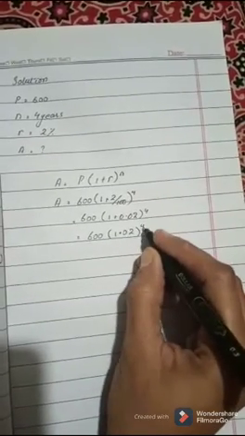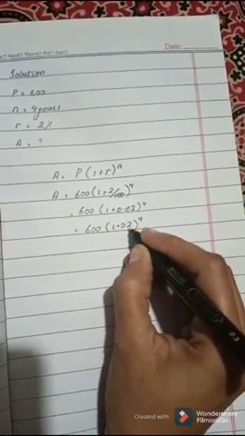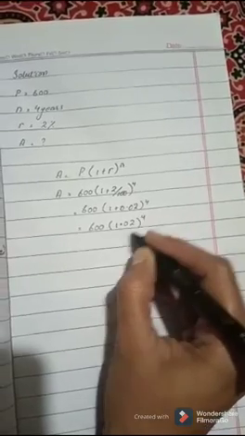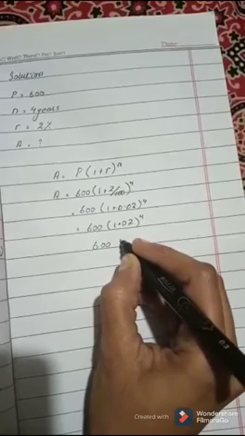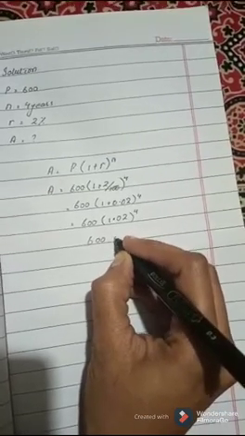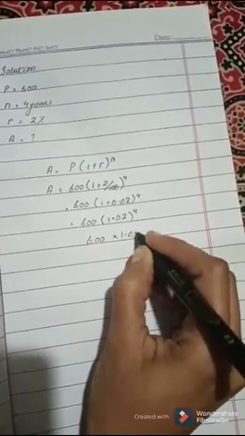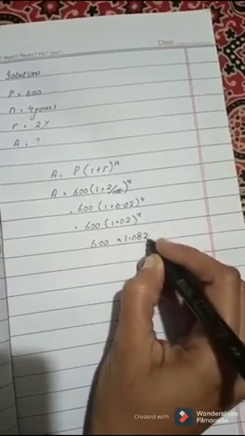We multiply 1.02 four times. So we got 1.0824.